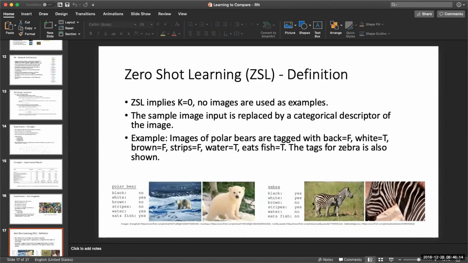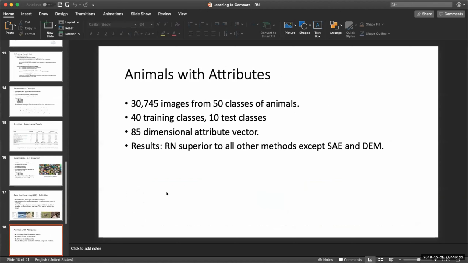And water, some of these are sort of ambiguous, but the polar bear you might associate with water highly, whereas the zebra, no. Eats fish, definitely not. So that's a description of these attributes for this data set.